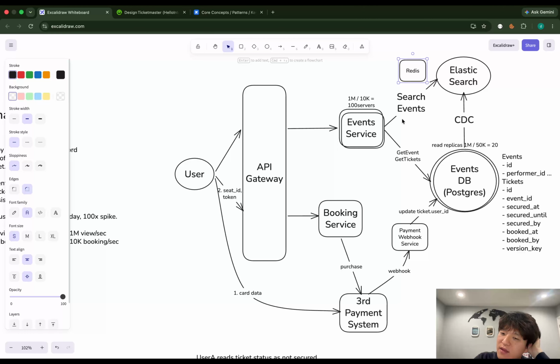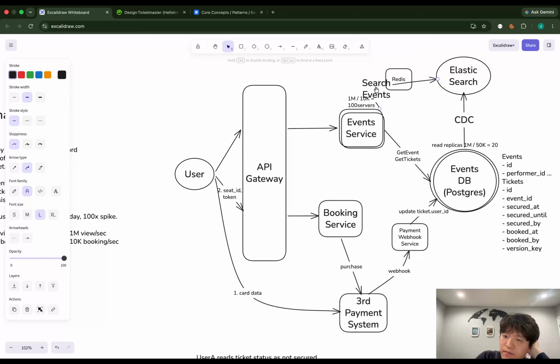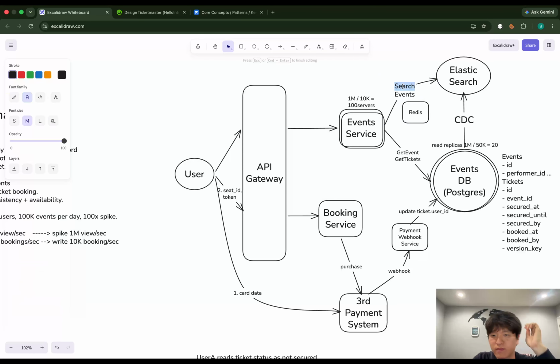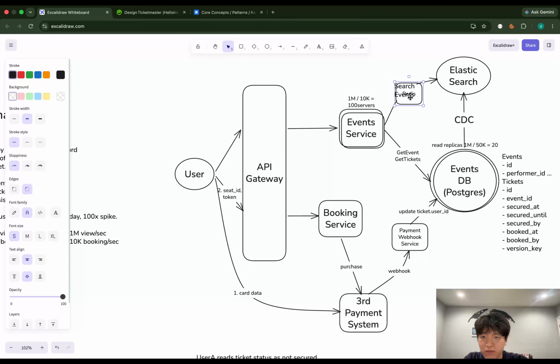Maybe users make searches during a spike, but the search words are quite similar, like Taylor Swift, or the artist who just announced the event. In those cases, Redis works very well. So I would put it between the event service and Elasticsearch as the read-through cache here.